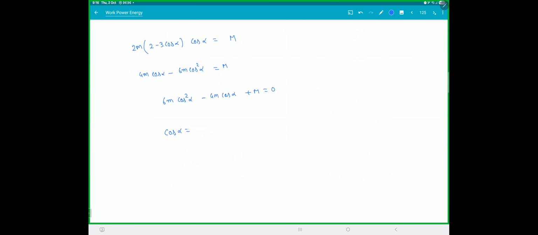The answer will come in terms of capital M and small m, that is given. 4m plus or minus the square root of 16m square minus 24 capital M small m, by 12 small m. You get this thing. That's your cos alpha. Now the roots have to be real.